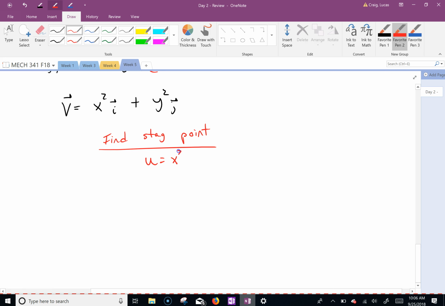Yeah. So U is set to 0 and V is set to 0. So what's the point? Stagnation. 0, 0. Yeah, there's no other point it could be. The stagnation point is at 0, 0.